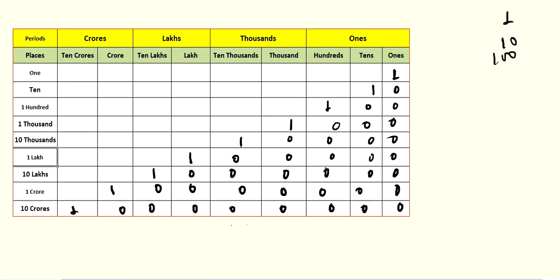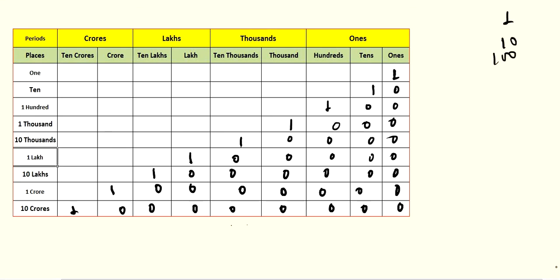Okay. So like this you have to arrange digits. And as you know about places: 1, 10, 100, 1000, 10,000, then lakh, 10 lakh, crore, 10 crore. Okay. So this is for the Hindu-Arabic Indian system of numeration.